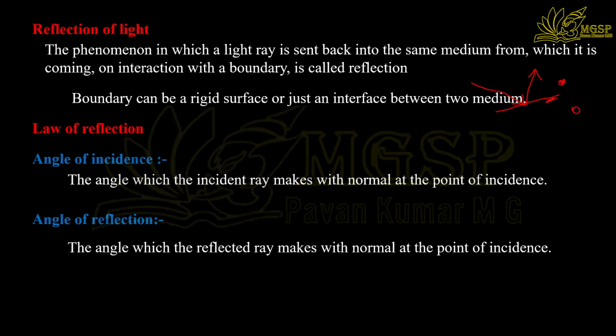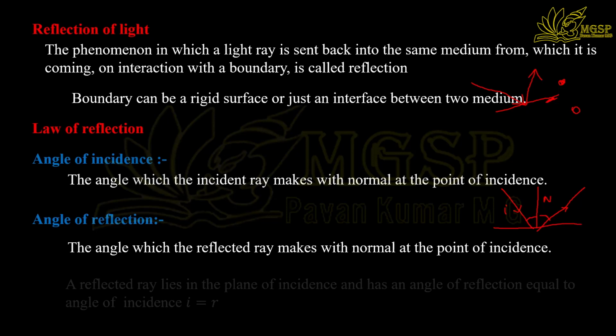Suppose I consider this as a surface and this is the normal and this is an incident ray, and the angle between the normal and the incident ray, this is i, is called the angle of incidence, and the other one is the reflected ray, and the angle between the normal and it is called the angle of reflection.